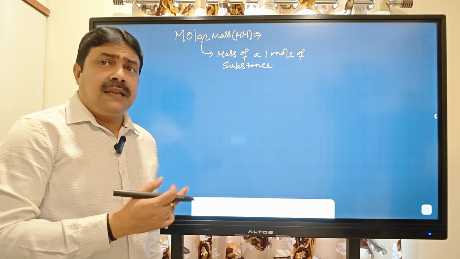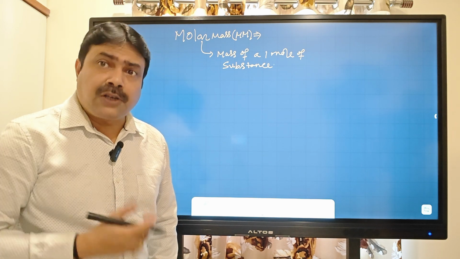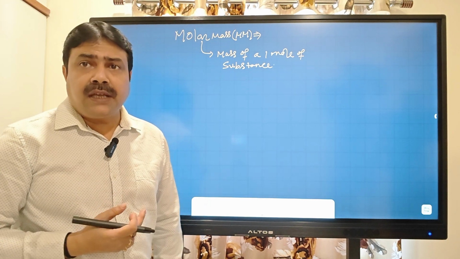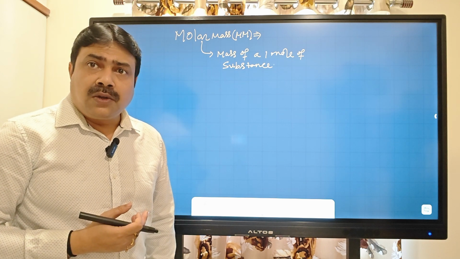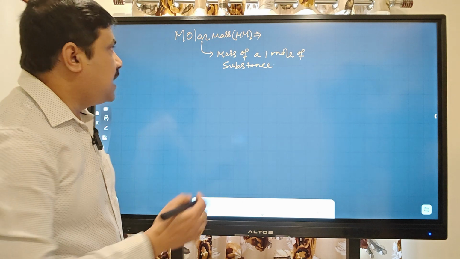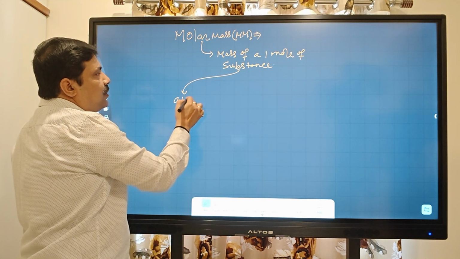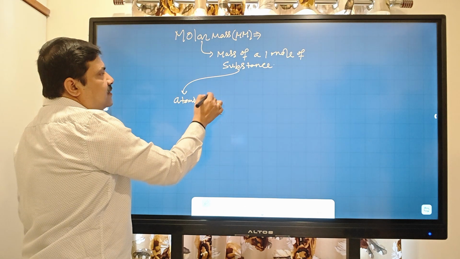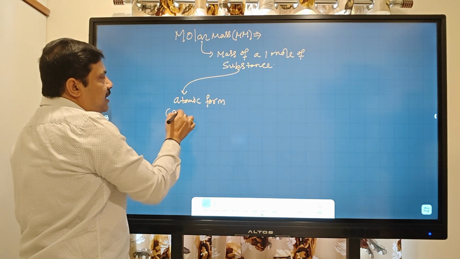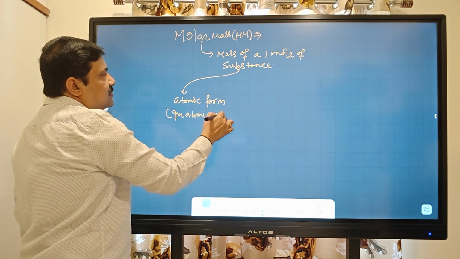The substance can exist in different forms. What are they? Atomic form, molecular form, ionic form. Mainly, whatever questions will come will be in these 3 forms. Whenever the substance exists in atomic form, we will call it gram atomic mass.